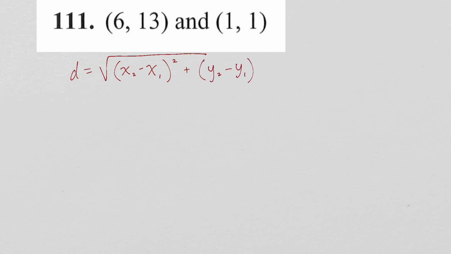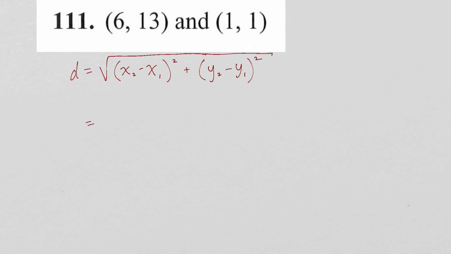All right, for the distance between 2 points, we're going to use this formula, that d is equal to the square root of the difference of the x's, so x2 minus x1 squared, plus the difference of the y's, so y2 minus y1 squared.